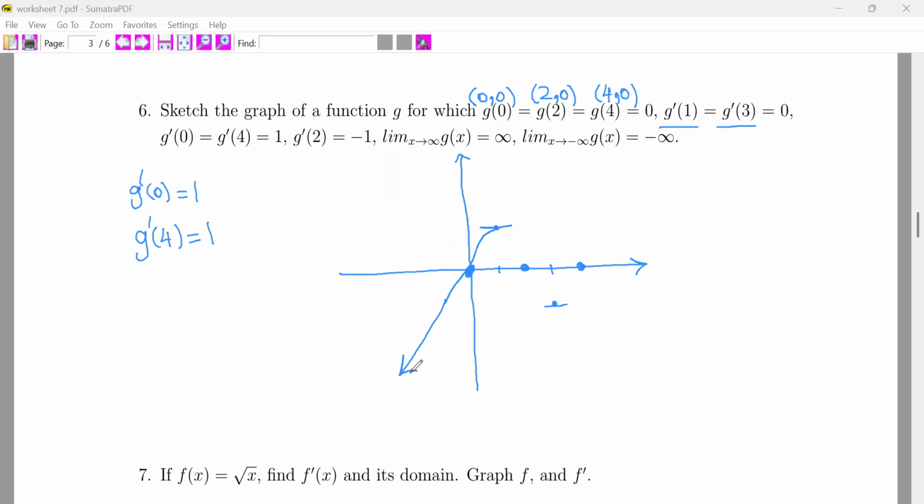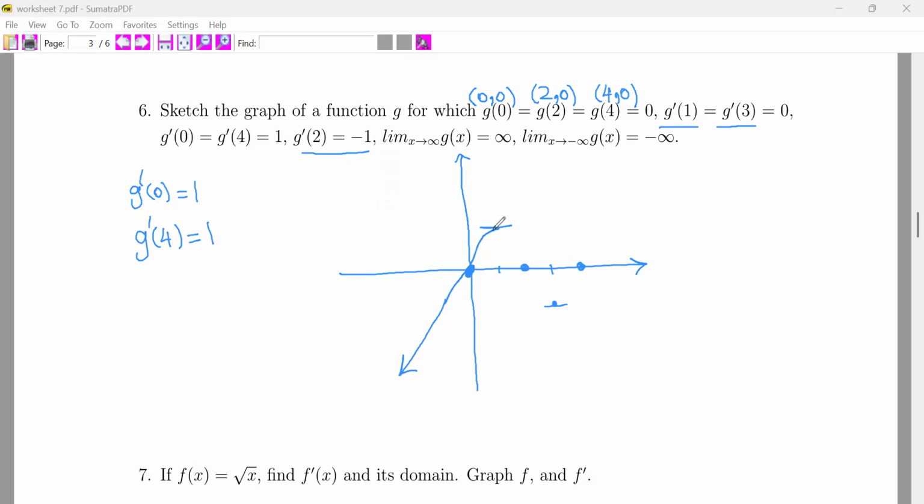And for the left part, since the limit of g of x when x is approaching negative infinity is negative infinity, we know that the graph is going left and down. So the graph is crossing the origin, and it should again cross the x-axis with a negative slope, because we have g prime of 2 equals negative 1.